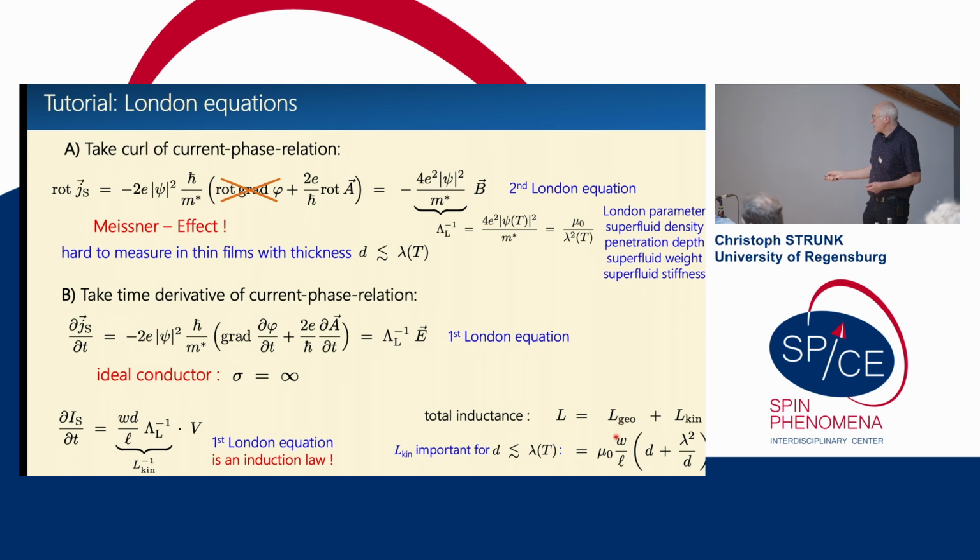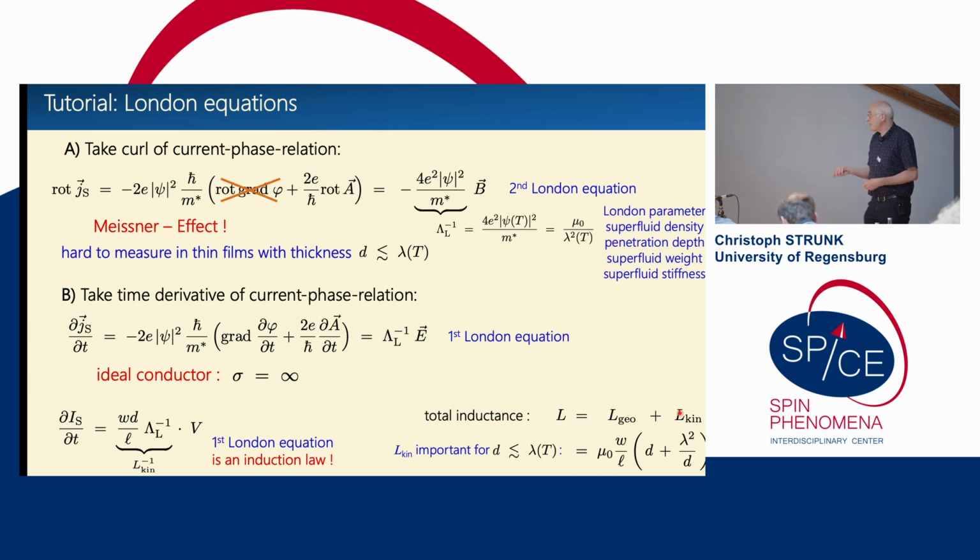And for a simple strip geometry, both actually are very well known. And what you see is that the second term, this kinetic inductance, becomes important in thin films, which are much thinner than a penetration depth. So precisely in the situation where it is difficult to measure the penetration depth.